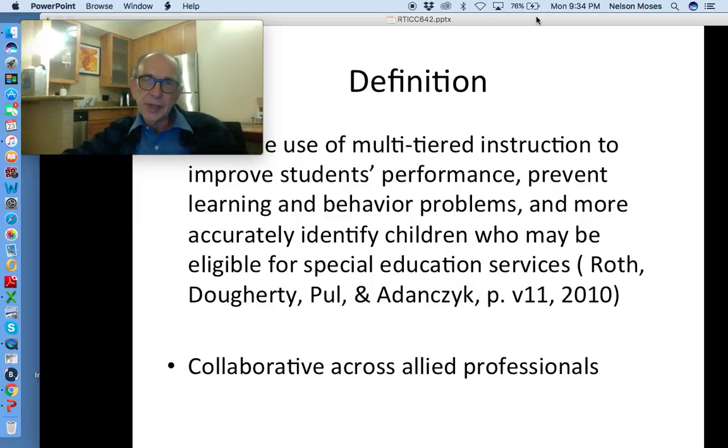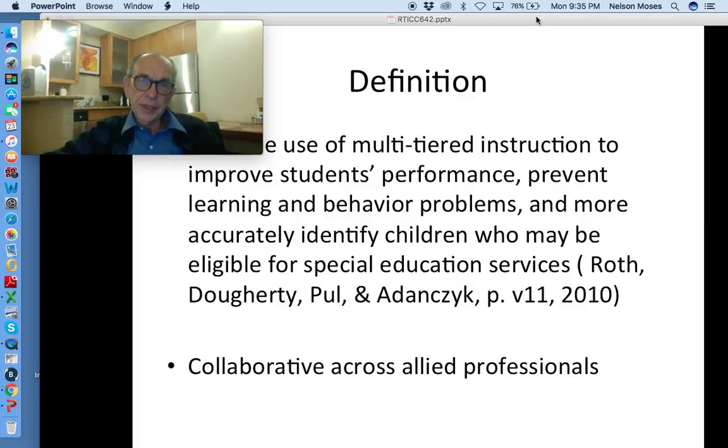It's test, intervene, reassess. We have found that kids we work with typically go up several reading levels during the period of time that we work with them. So we've had good results. But RTI is assess, intervene, reassess over a restricted period of time. And then we move on to the next group of children.